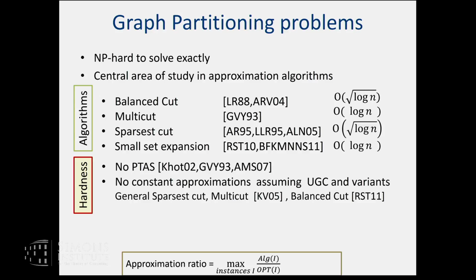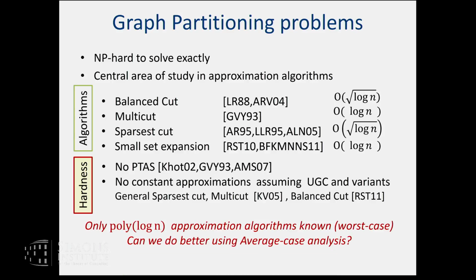On the other hand, from a hardness perspective, we have evidence to believe, based on the unique games conjecture or strengthenings of it, like the small set expansion conjecture, that constant factor approximations for all these problems are unlikely. Just to summarize, from a worst case standpoint, only polylogarithmic approximation algorithms are known for a lot of these problems, and constant factor approximations are unlikely.